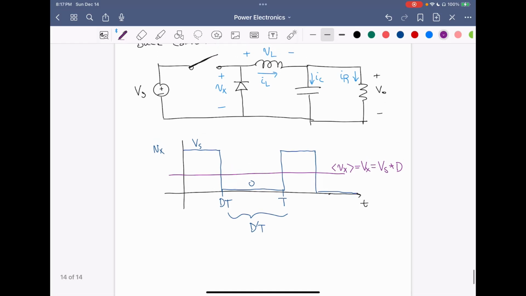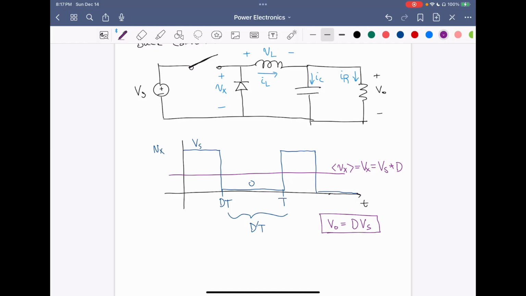So with the low pass filter, we simply filter out all the other frequencies, and we simply retain the fact that Vout is equal to the duty cycle times the source voltage.